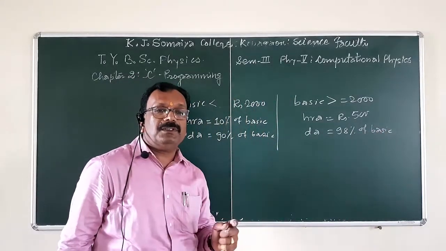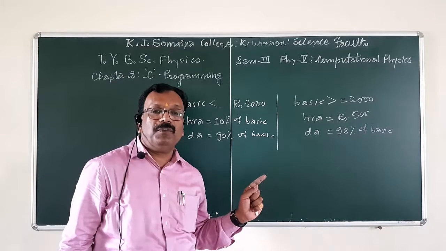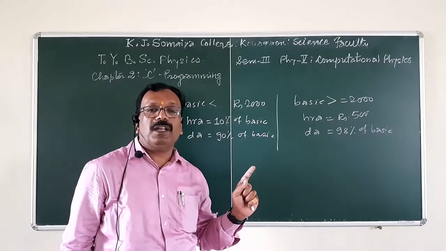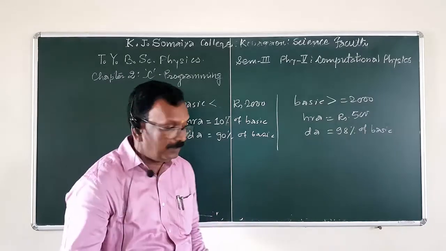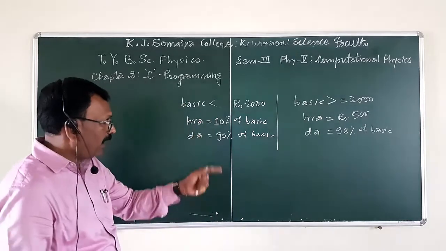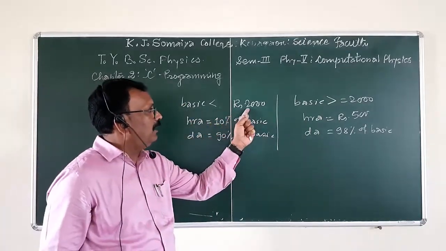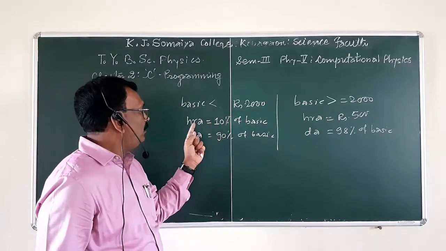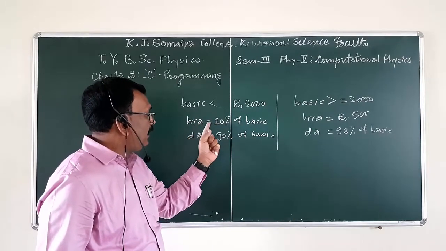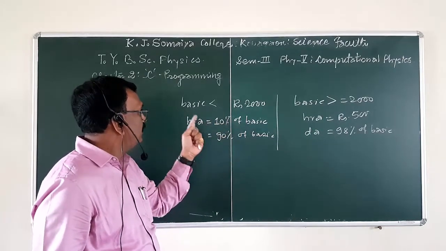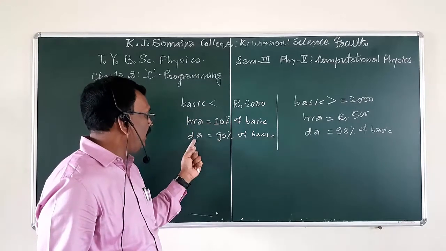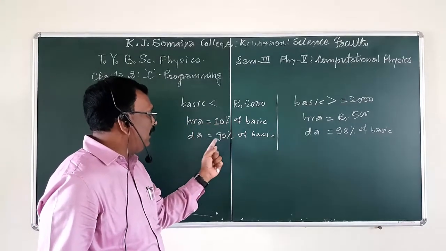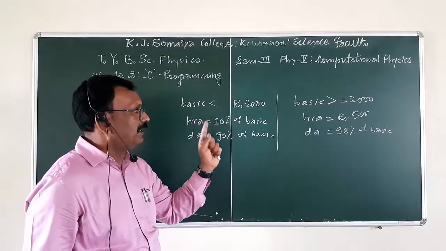And for this purpose, we have to draw the flow chart and write the program to find gross salary. Remember once again, when basic is less than 2000, then we have to add HRA 10% of the basic in gross salary, and we have to add the DA 90% of the basic in gross salary.